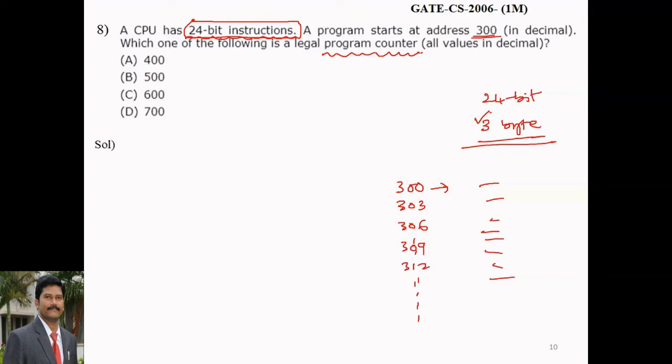Which is a legal program counter value: 400, 500, 600, or 700? Since it increments by 3, if you divide the value by 3, the remainder should be 0, and only then is it legal. 400 divided by 3 leaves a remainder, so it is not legal. 500 is not legal. 600 divided by 3 has remainder 0, so that is a legal program counter.